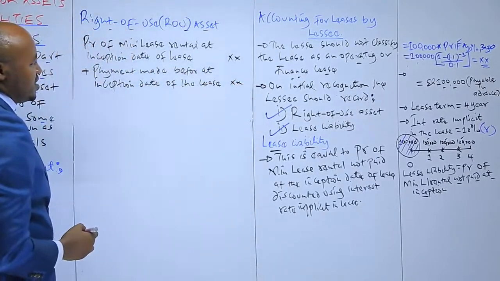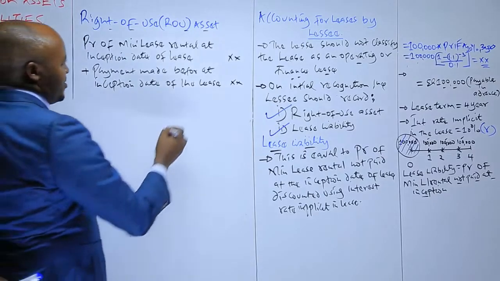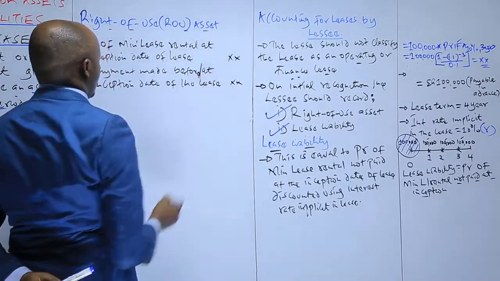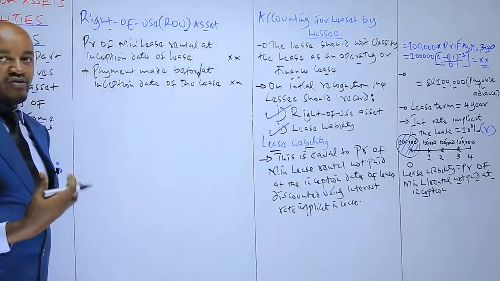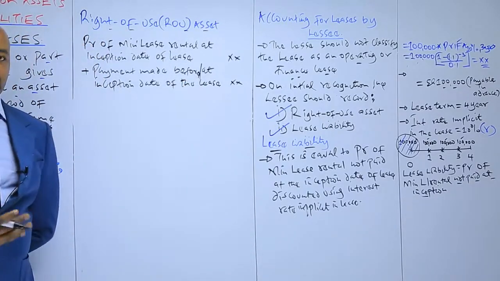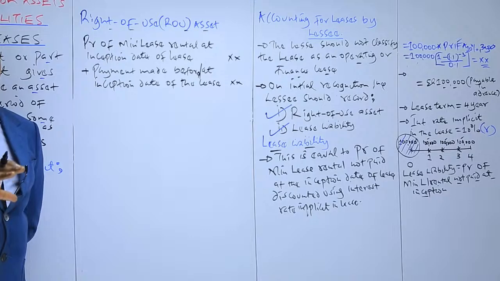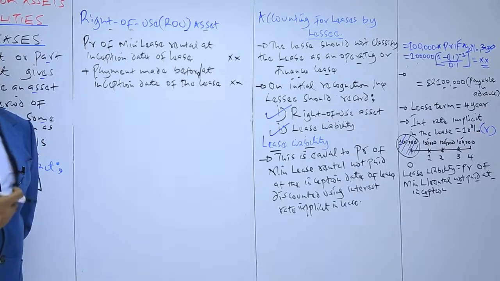So to that we add the payment made before or at the inception date of the lease. So when we talk about this payment made before or at the inception date of the lease, we are talking of any rent which was paid at the date when the lease commenced.